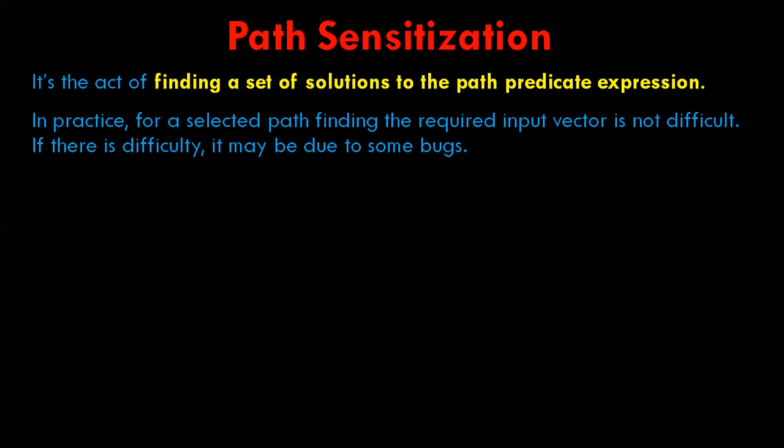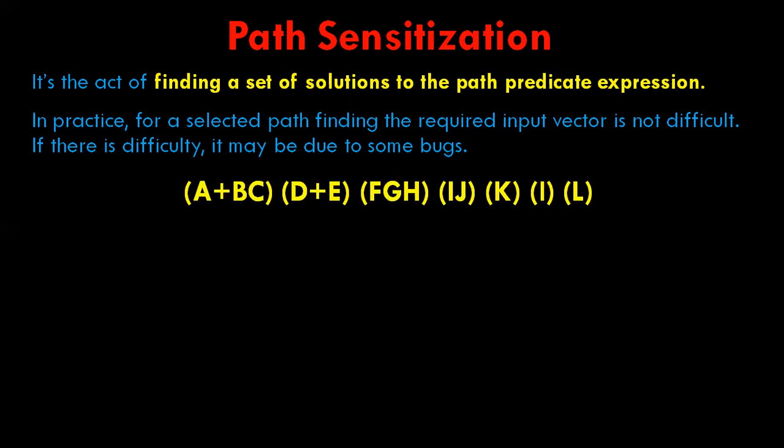For instance, let the compound predicate be (A+BC)(D+E)(FGH)(IJ)(K)(I)(L). The terms in these parentheses are called compound predicates, which are met at each decision along the path, at each letter A, B, C, D, E, F, G, H, I, J, K, and L.